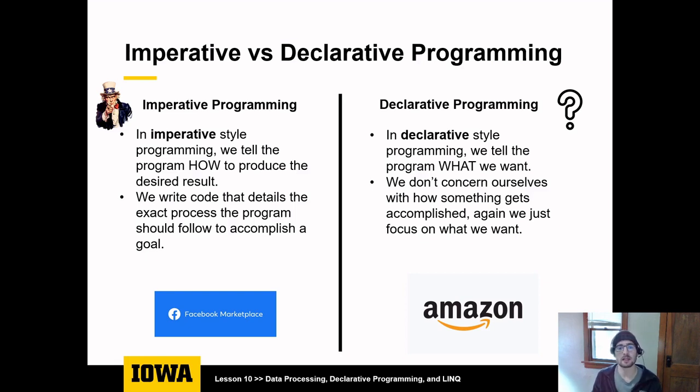You tell them those two things, they'll figure out all the logistics that need to happen to get that package to you on time. So they'll figure out, okay, well, based on where it's stored, what's the best mode of transportation? Based on local weather, do we need to transport it in different ways? They'll figure out all these things for you and all the logistics, and it just ends up on your doorstep for you.